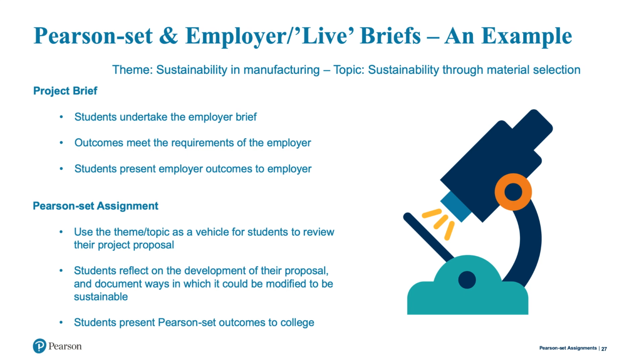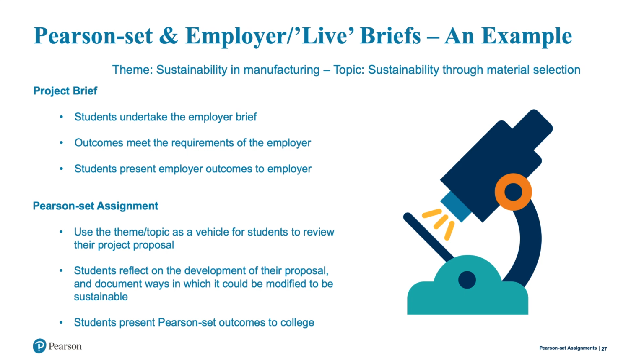So one way to do it is to actually say, well, we will use the 2 briefs separately. The students will undertake the project brief, doing the employer brief, develop outcomes to meet the requirements of the employer, and they'll present those outcomes to the employer. At the same time, the Pearson-set assignment is overlaid on that, and it uses the theme and topic as a vehicle for students to review their proposal for the employer.